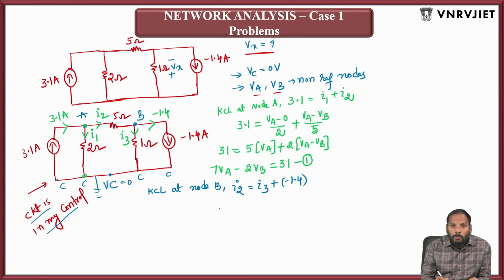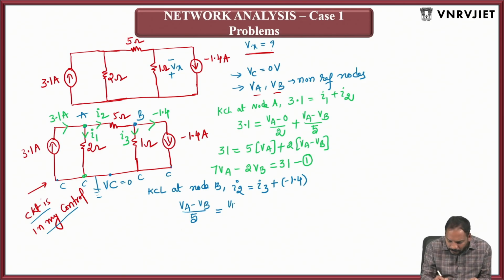So now you apply Ohm's law on I2 and I3 and represent I2 and I3 in terms of nodal voltages. Right. So what is I2 now? I2 is simply VA minus VB divided by 5 is equal to I3. So what is I3 now?